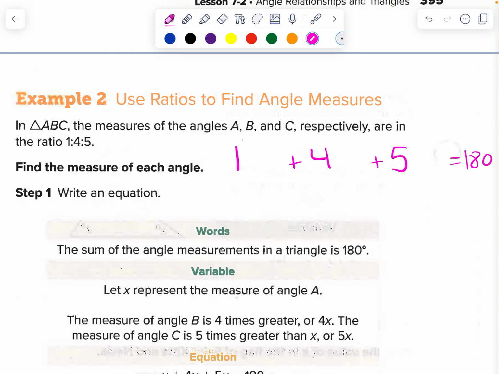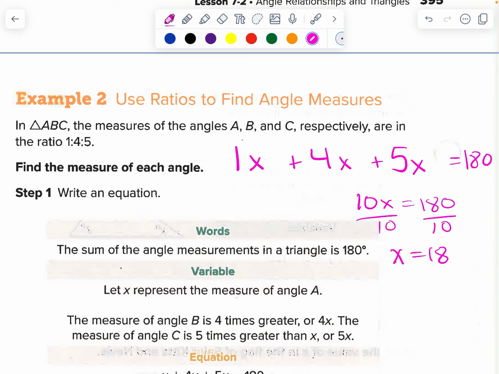It's a ratio, so that means it's going to be 1x, 4x, 5x. When you add all of those up together, it's going to equal 180. So that would be 10x equals 180. Divide by 10 on both sides, and I get x equals 18.